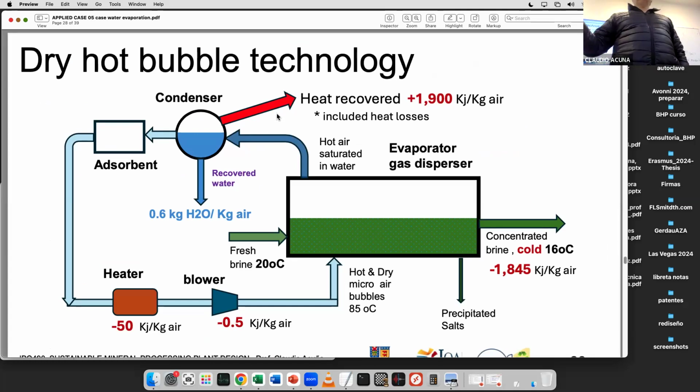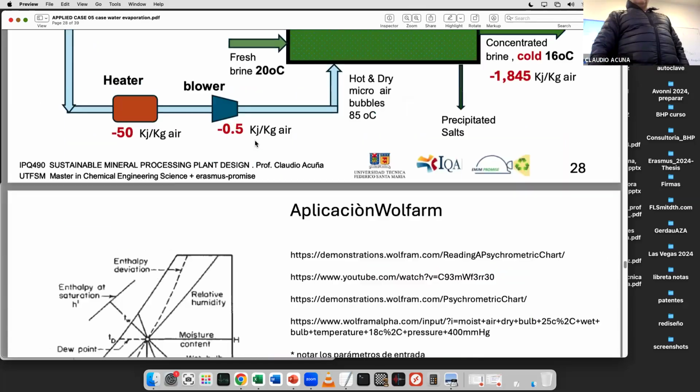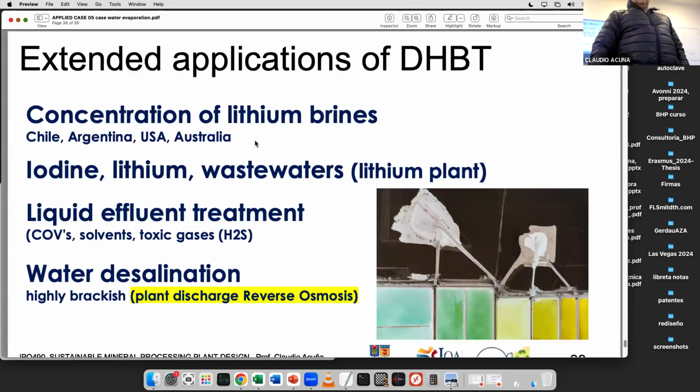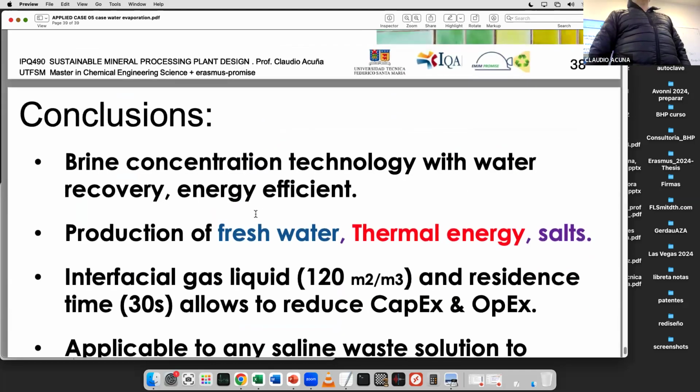We can heat something else around the plant. So the technology supplies fresh water, thermal energy, and precipitated salts, because you concentrate and cool down the solution.